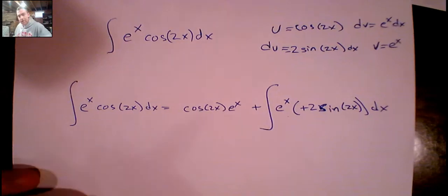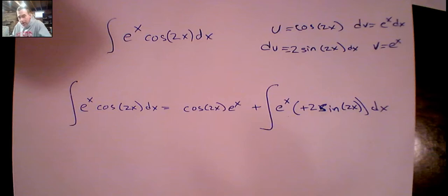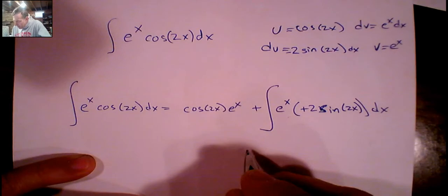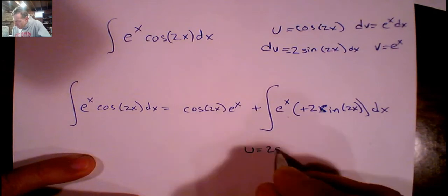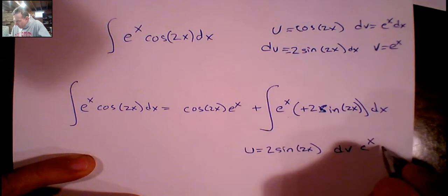Now, if you're going to use integration by parts more than once on a problem, always use the same u and dv. That is, since u up here was cosine, it's going to be this sine now. So u is equal to 2 sine 2x, and dv, we're going to use the exact same dv.